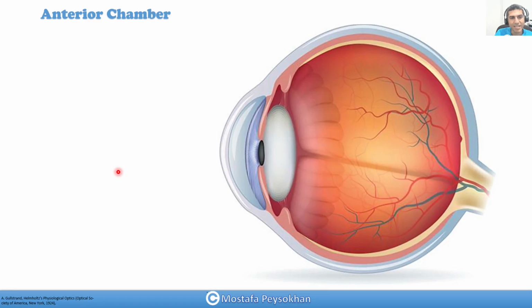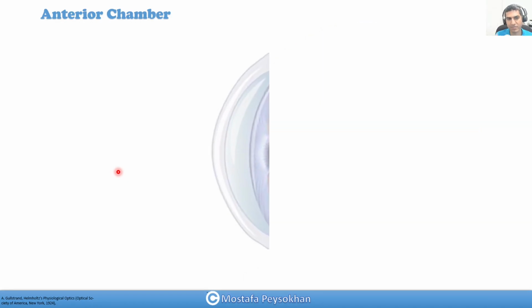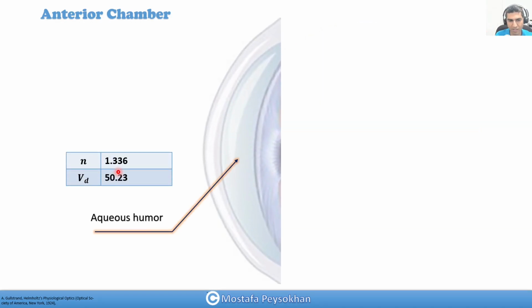The next part of our eye is the anterior chamber. As you can guess from the name, it is like a chamber, and the liquid inside is a jelly-type liquid. The name of that liquid is aqueous humor. Again, the refractive index is pretty close to water, and we have these two numbers for modeling this part of our eye.